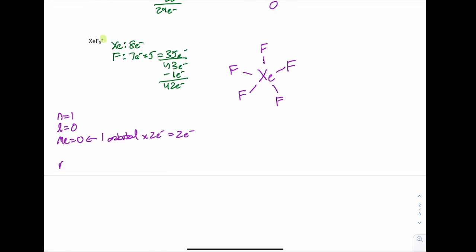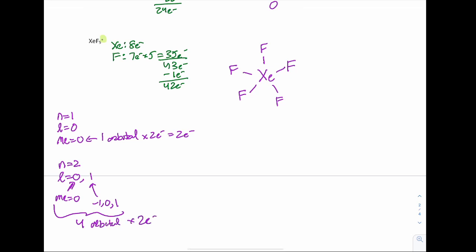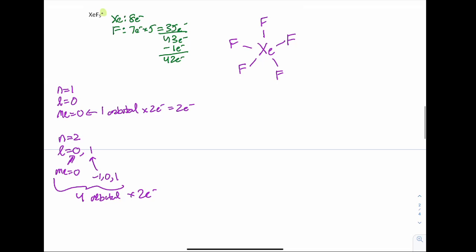If I'm in my second shell, l is equal to 0 and 1, right? m sub l is 0, and -1, 0, and 1. I now have a total of 4 orbitals, right? One of them is an s orbital, 3 of them are p orbitals, but I have 4 orbitals total times 2 electrons each, right? Still only 2 values for m sub s, which gives me 8 electrons total.